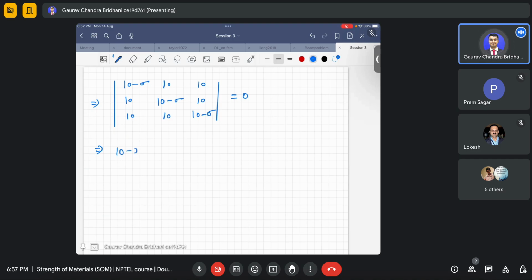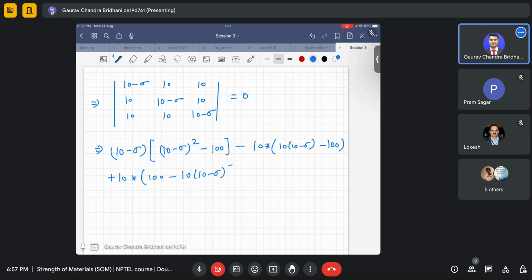It will be 10 minus sigma into (10 minus sigma) whole square minus 100, then minus 10 into (10 into (10 minus sigma) minus 100), and plus 10 into (100 minus 10 into (10 minus sigma)) equals 0.